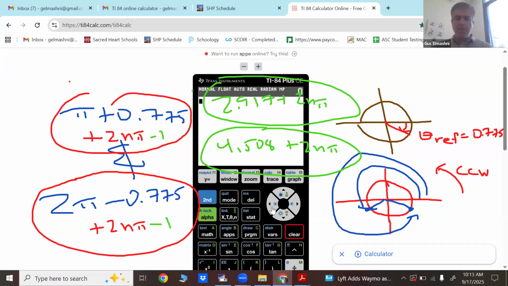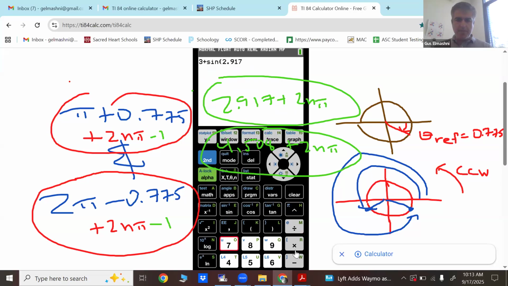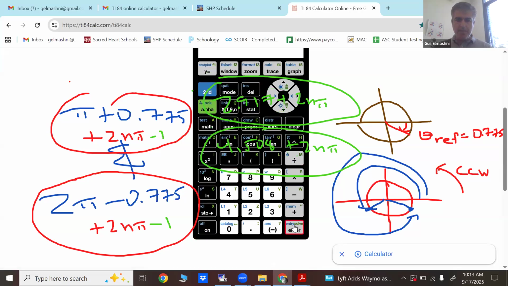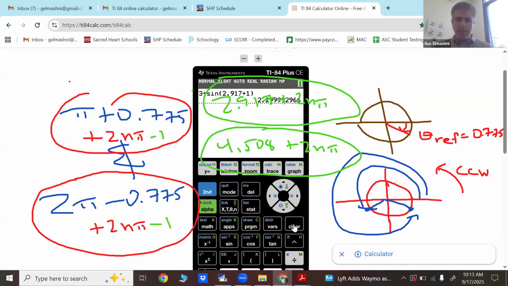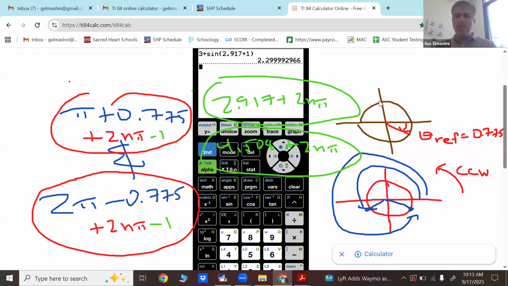So if I did 3 plus sine of 2.917 plus 1, I get 2.3. Yep, I get 2.3. There we go. So that's how you want to do it.